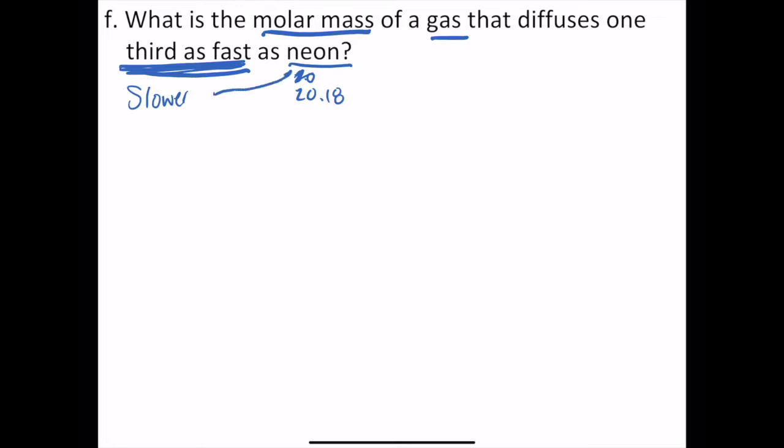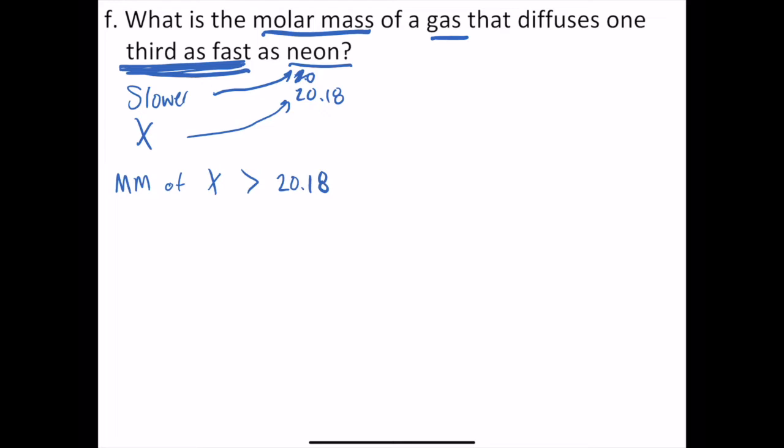If it's slower than neon, is the mass of this unknown thing going to be smaller or larger than 20? All right, so it's slower than neon, so is it going to be larger or smaller? Yeah, exactly. So the molecular mass of our unknown has to be larger than 20.18.